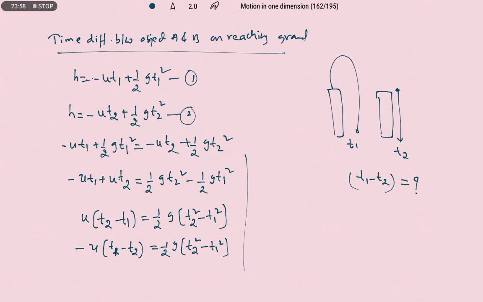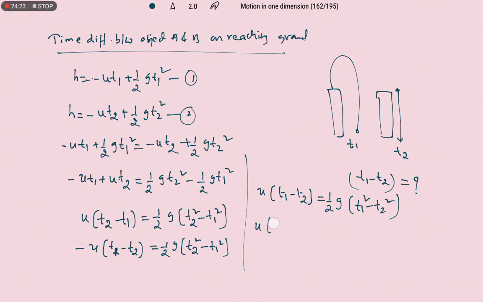So if I am shifting the minus from this side, we are going to get u into t1 minus t2 is equal to half g into t1 square minus t2 square. Because I am shifting the minus to that side, instead of t2 square minus t1 square, after shifting this minus onto the right side, it is going to become t1 square minus t2 square.